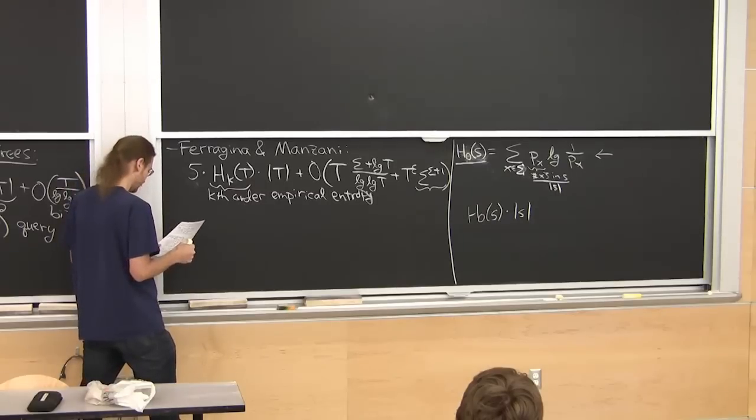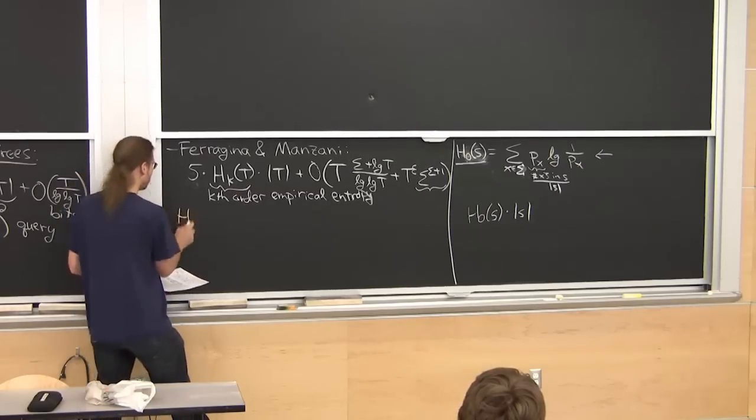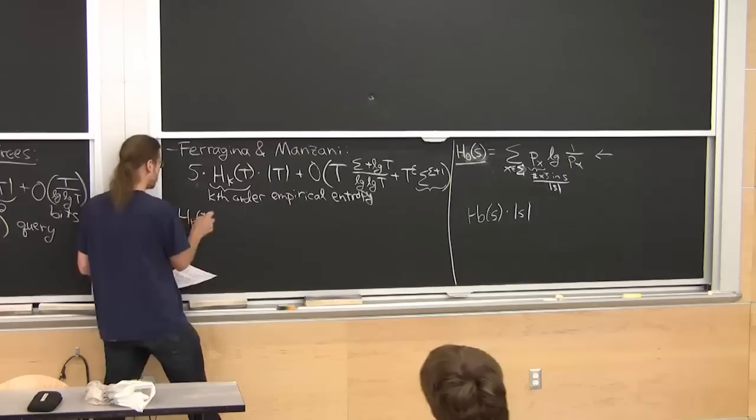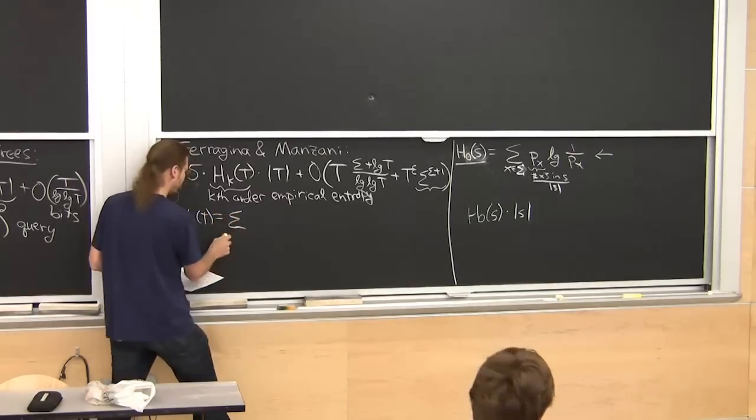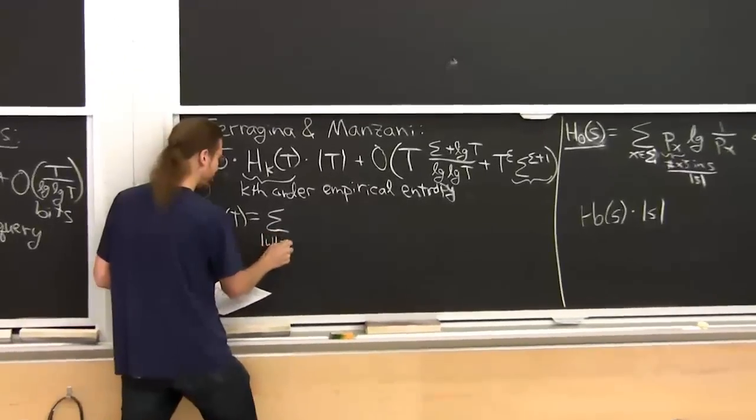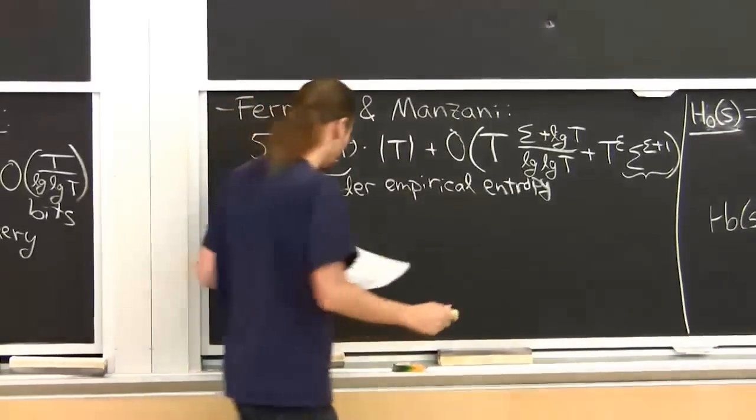Okay, so I'm going to write down a definition. Hk of t is going to be the sum over all words w of length k. This is going to be our context.